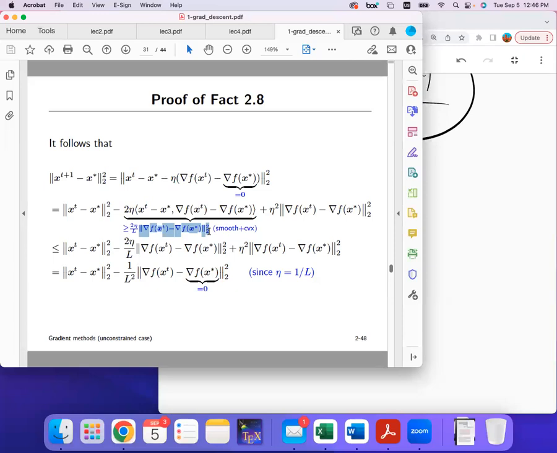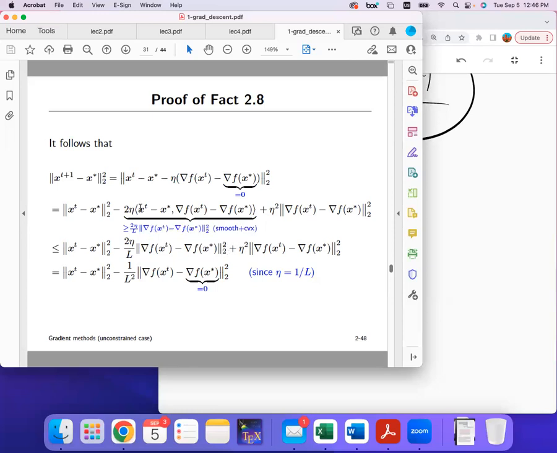And because of the negative sign in front, this becomes less than or equal to. So the third line is less than or equal to the L2 distance to the power of 2.